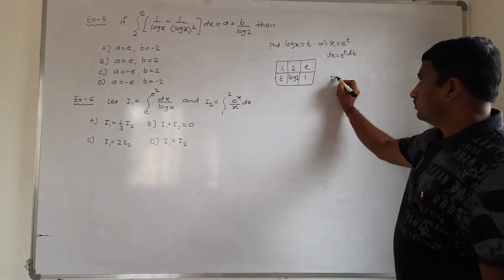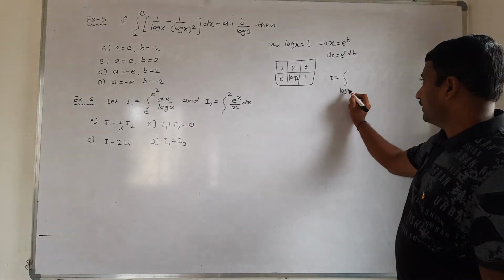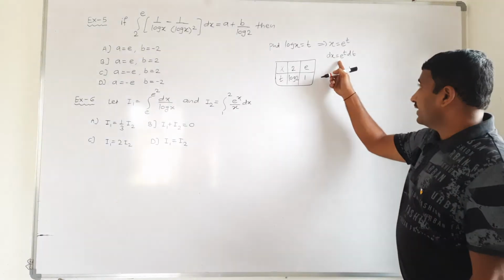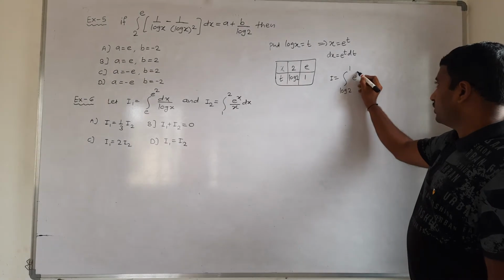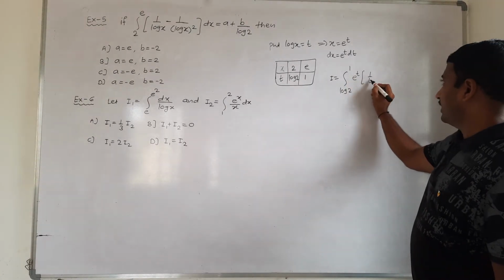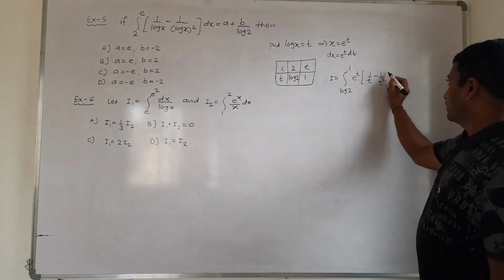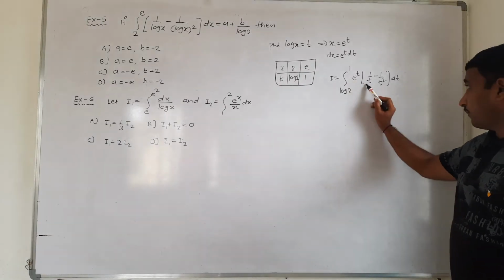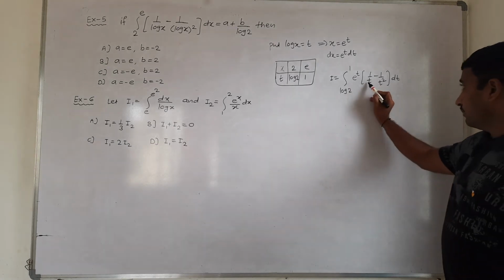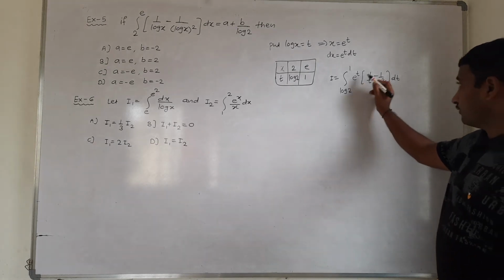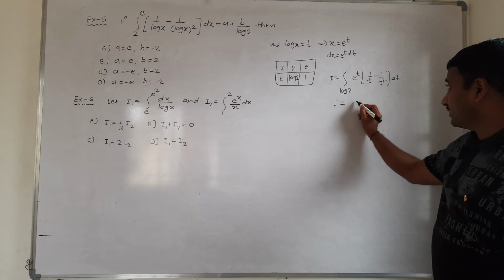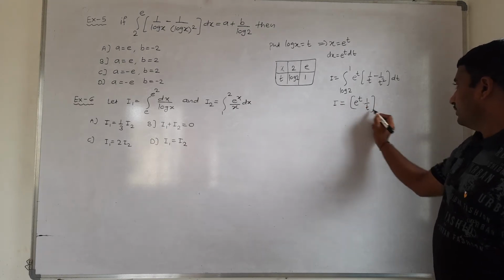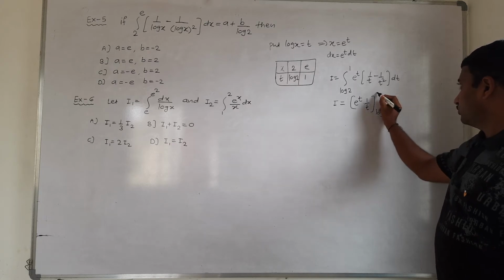Therefore I is equal to integration log 2 to 1 of e raised to t into 1 by t minus 1 by t square dt. This is of the type e raised to x into f of x plus f dash x, where 1 by t has derivative minus 1 by t square. Therefore its answer is directly e raised to t into 1 by t, with limits log 2 to 1.